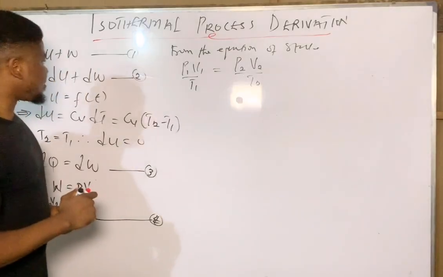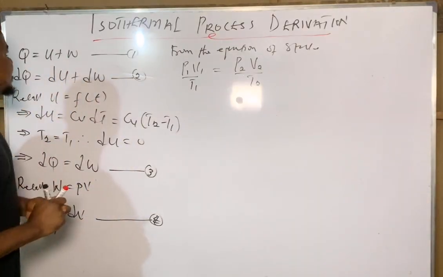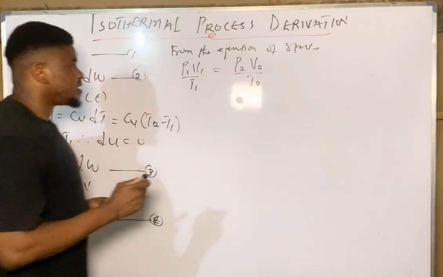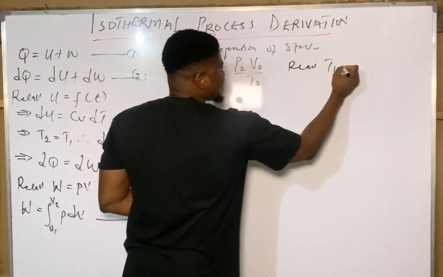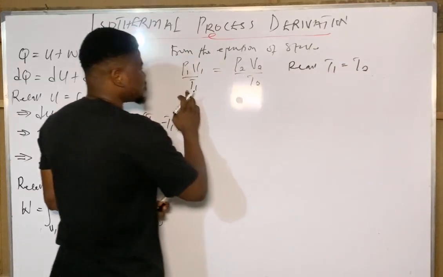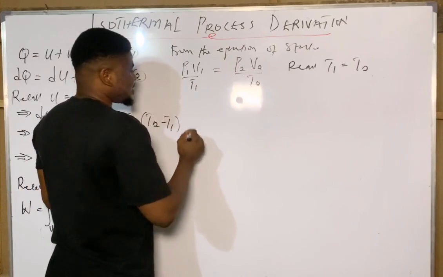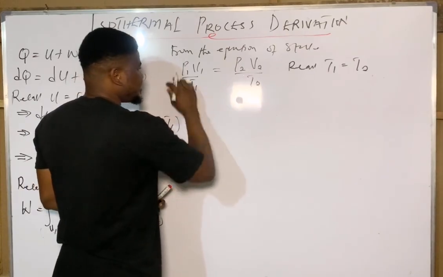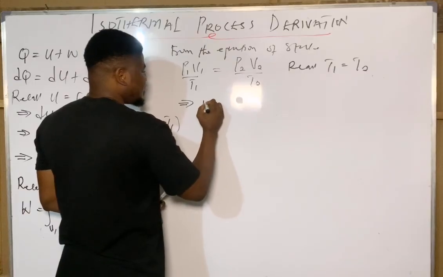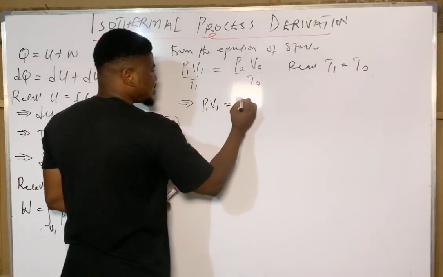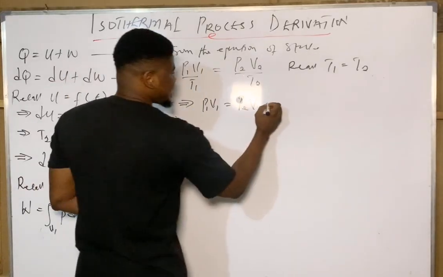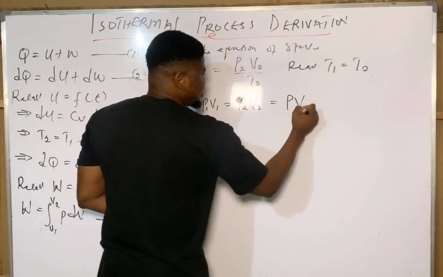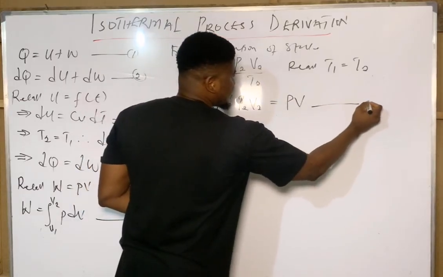Since we are considering an isothermal process, T1 is equal to T2, so the temperatures cancel out. This automatically turns into Boyle's law: P1 V1 equals P2 V2. So this can actually be written simply as PV equals a constant. Let's call this equation 5.